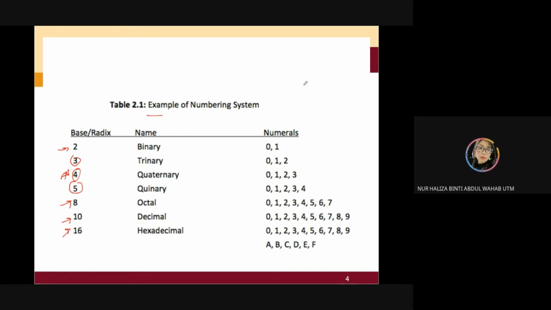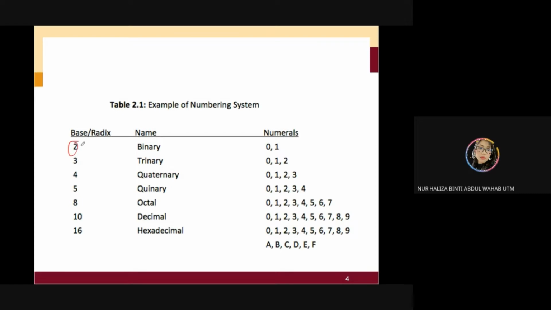By using your calculator, you can also do direct conversion, but I don't suggest you use your calculator. Instead, please try to play around and convert manually. Then you will understand how to do the conversion.